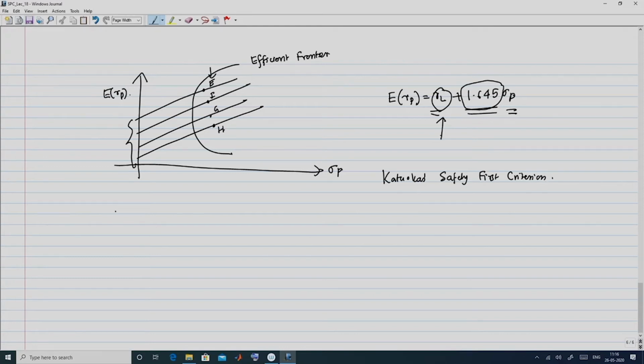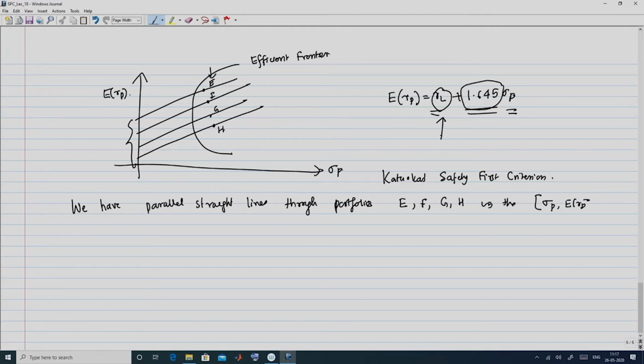Okay, so just to elaborate on this, we have parallel straight lines through portfolios E, F, G, H in the sigma p, E of RP plane.